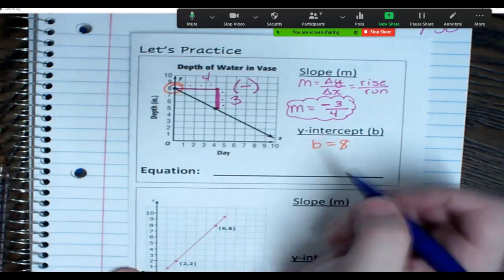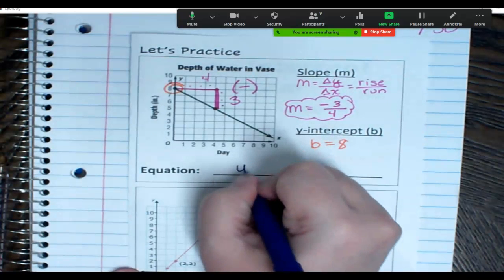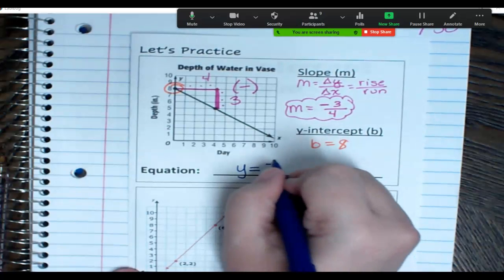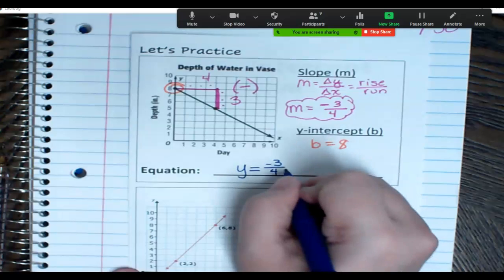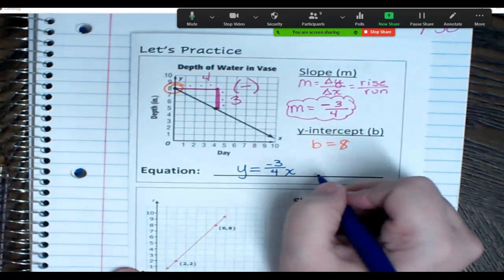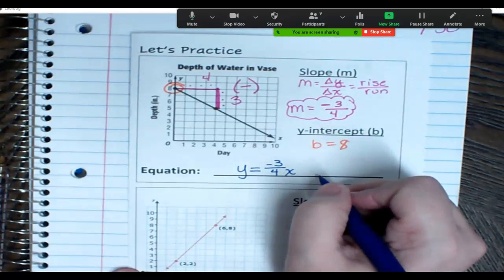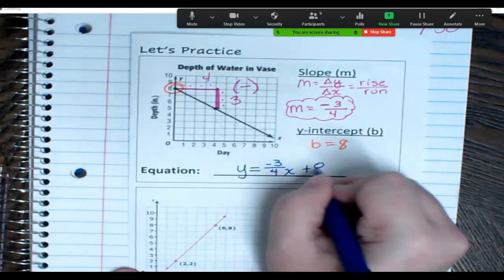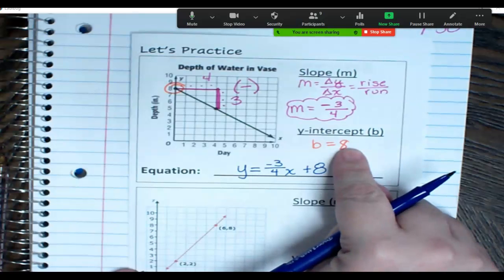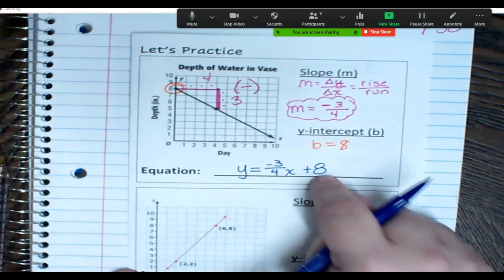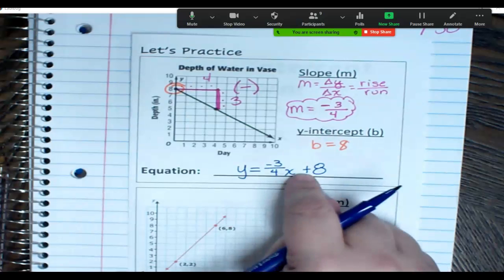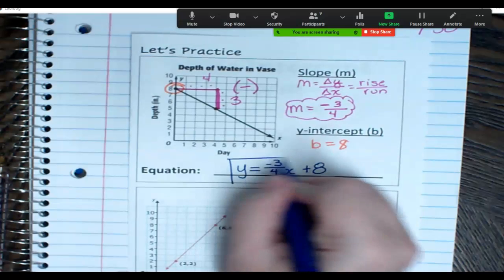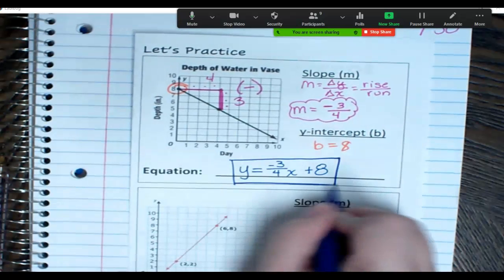Our equation is, everybody, y equals negative 3/4 x plus 8 or minus 8? Plus 8. Why is it plus 8? You're right, because this is a positive 8. You have to know that because if this was a test question, don't you think you'd have the same thing but minus 8? Yeah, they'd try to trick you. There's our equation. We're done.